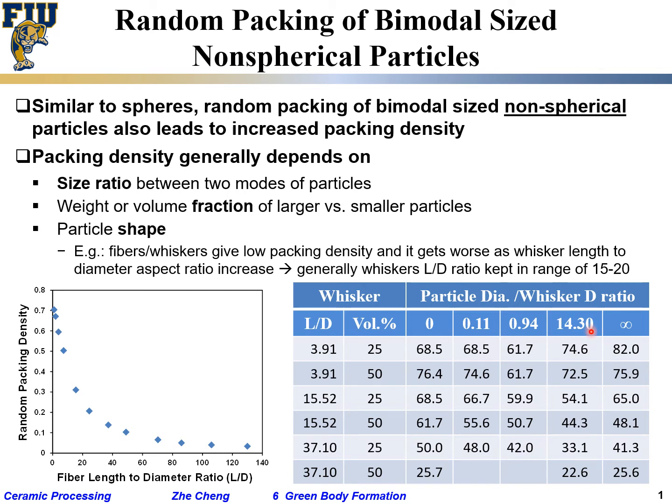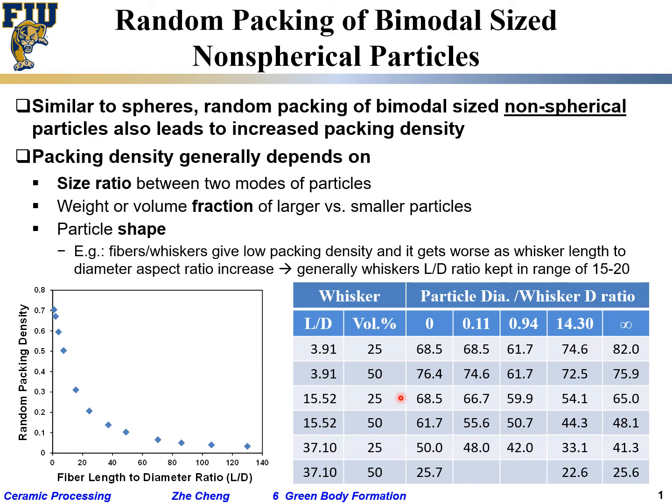On the other hand, let's go to the other side. Now my particles, compared with whiskers, are larger in diameter. My particle diameter is much larger than whisker diameter, which means the whisker is relatively thin compared with my particle.